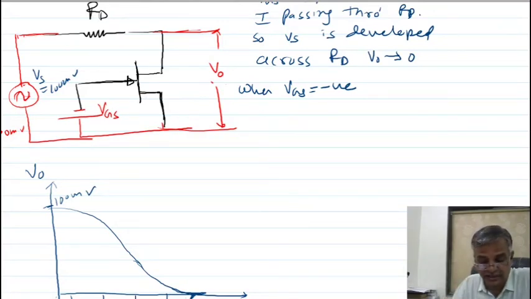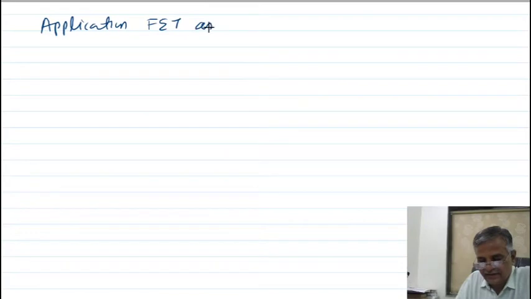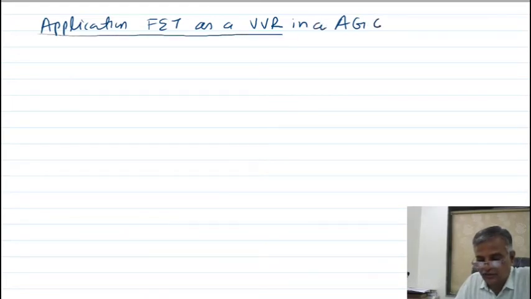Now the second circuit I want to discuss: the application of FET as a VVR in an AGC circuit, an automatic gain control circuit.